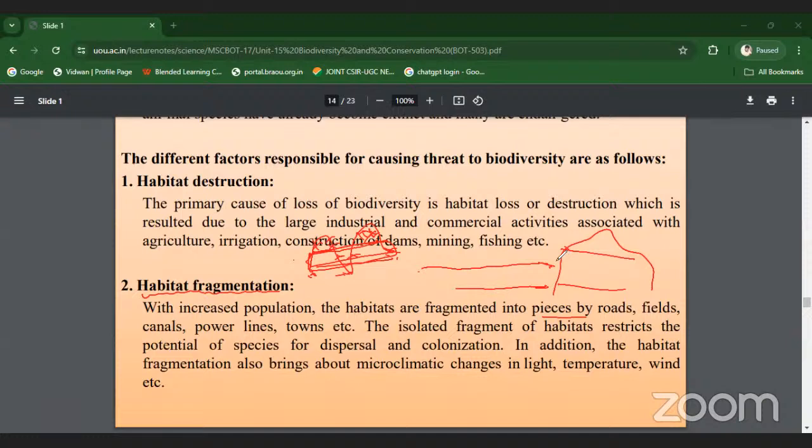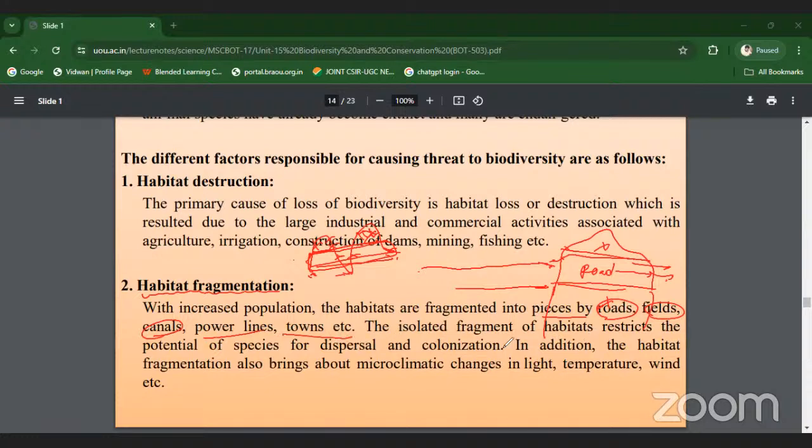For example, the mountain is separated like this. Here there are species and here there are species, but in between there is the road. Not only roads, but also fields, canals, power lines, and towns do this.